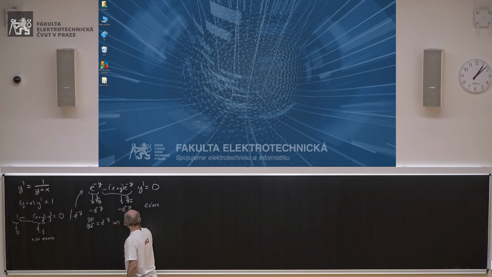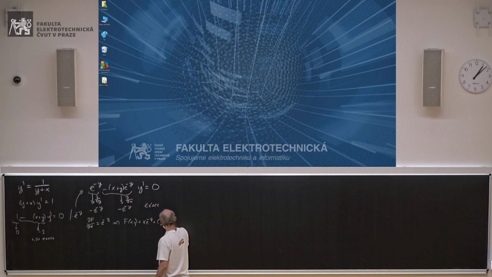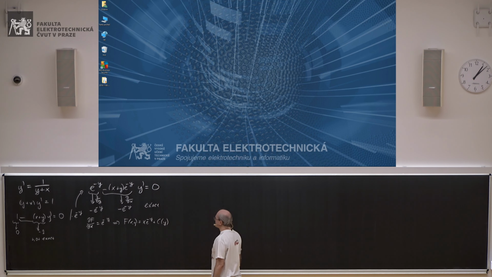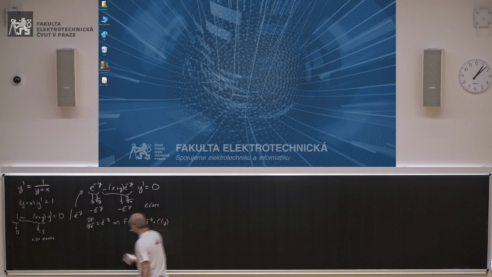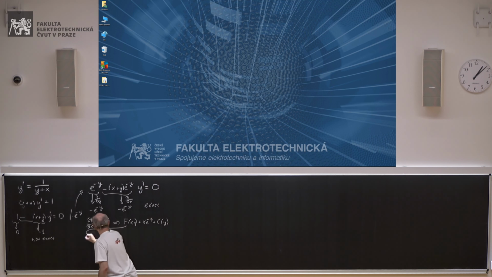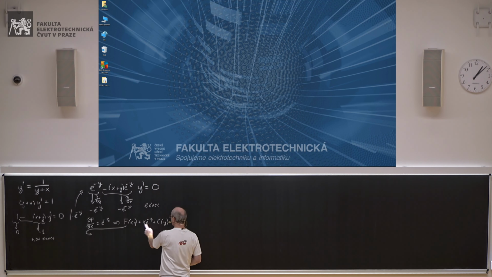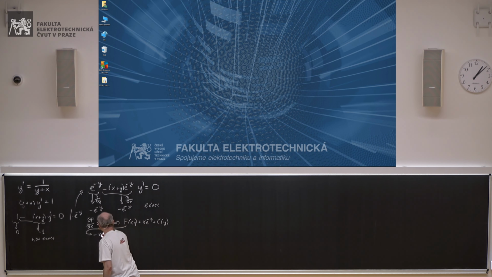So F(x,y) should be x e to -y plus some function which depends just on y. Now let's see what happens if I differentiate this by y. If I differentiate this by y, I get minus x e to -y plus c prime of y.